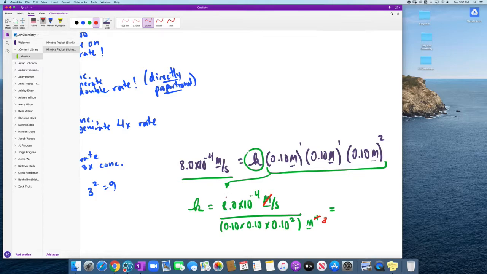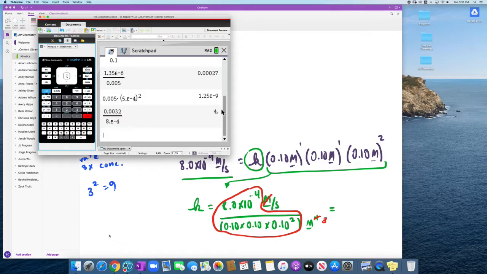So now let's type in the actual numbers into the calculator here. I've got 8 times 10 to the negative 4 divided by, and put it all in parentheses, 0.1 times 0.1 times 0.1 squared, which is just times another 0.1. Boom.